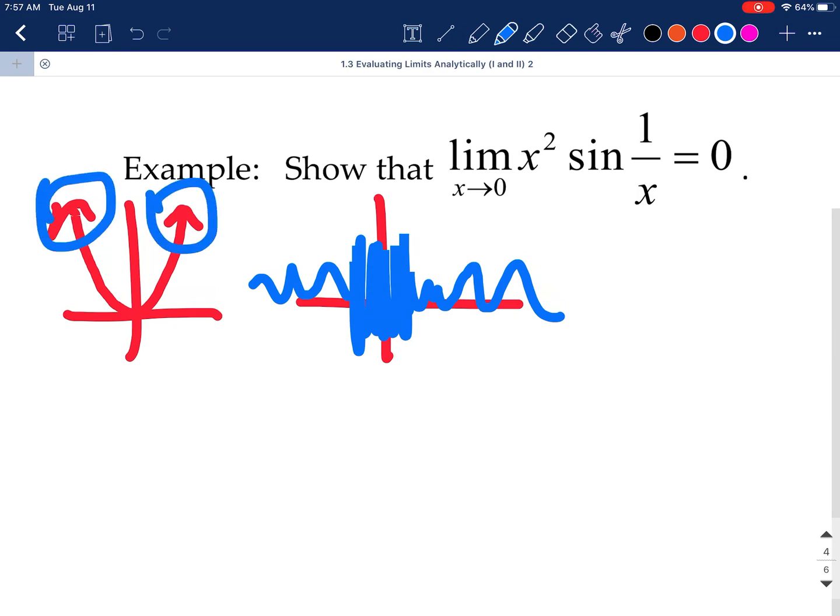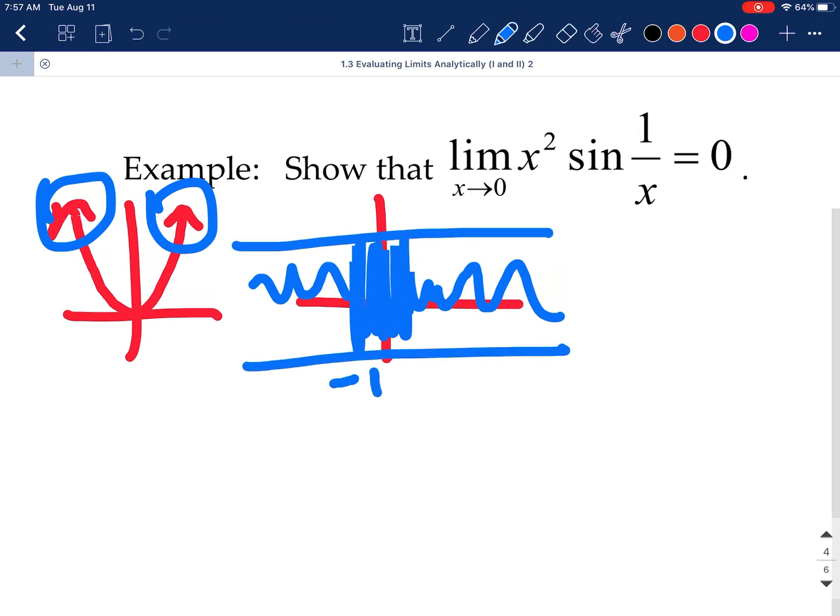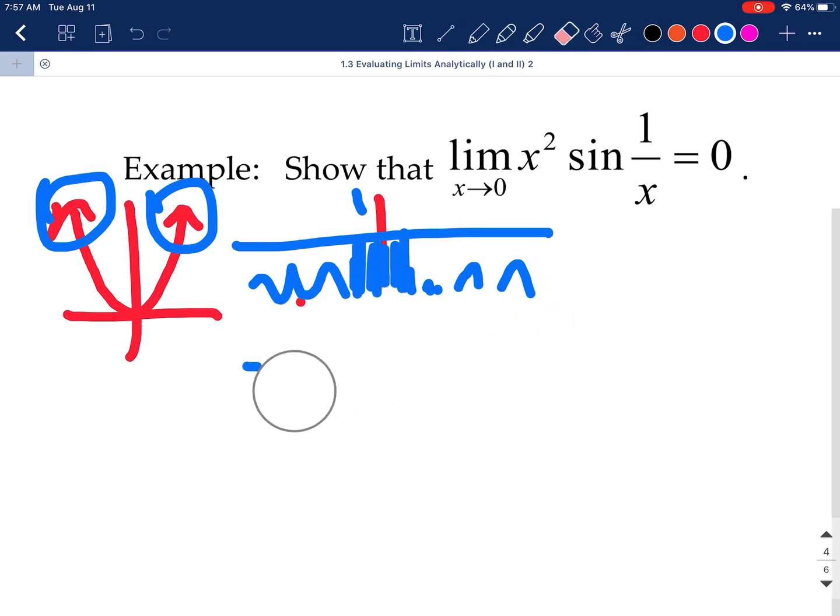So quadratic, clearly approaching infinity, not bounded above. It's bounded below, but not bounded above. So it's got almost a boundary point condition met, but it is not bounded above. Sine, however, is bounded, right? So we know that it lies somewhere between negative 1 and 1, no matter what sine 1 over x looks like.